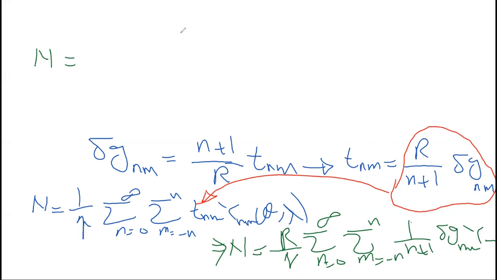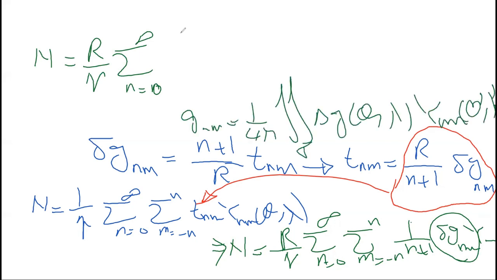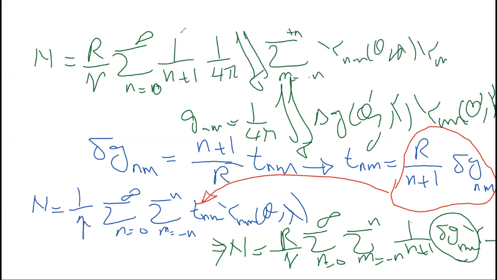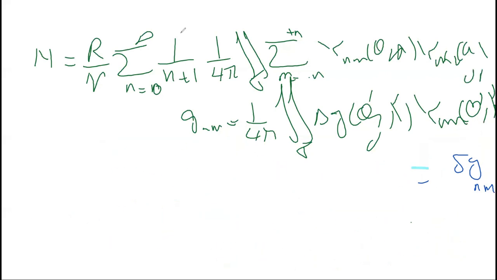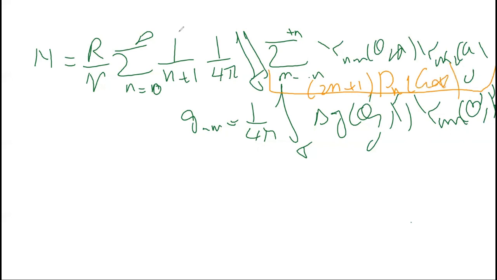N will be R over r, sum to infinity. Now I want to make an integral equation for that. Delta g_nm, I can define it in a spectral form like that. If I put them here, 1 over gamma. So what do you see here? It's the addition theorem. This will be 2n plus 1 P_n cosine psi. That's all.